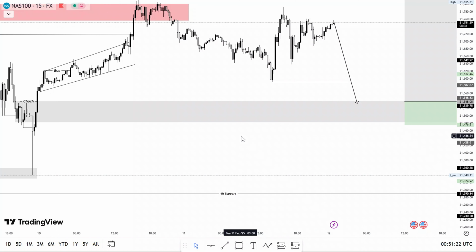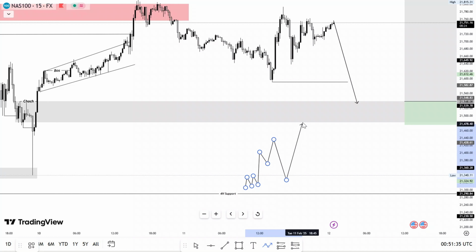You actually analyze the market, you have your break of structure, the market pulls back, which means the structure you are looking for is like this, coming back, breaking structure, coming back, and then going to the upside.